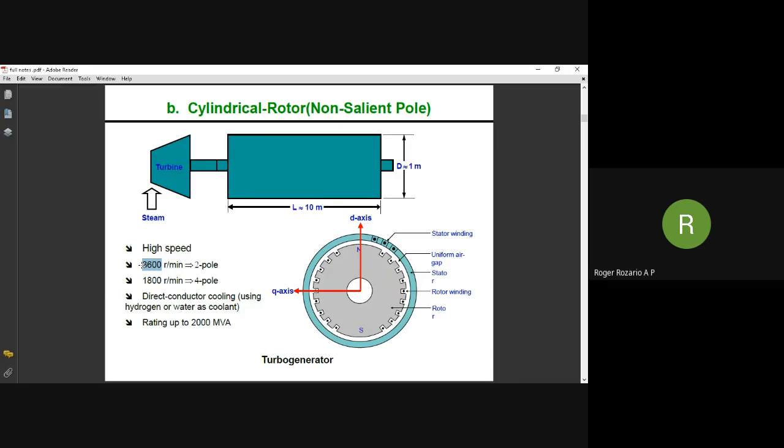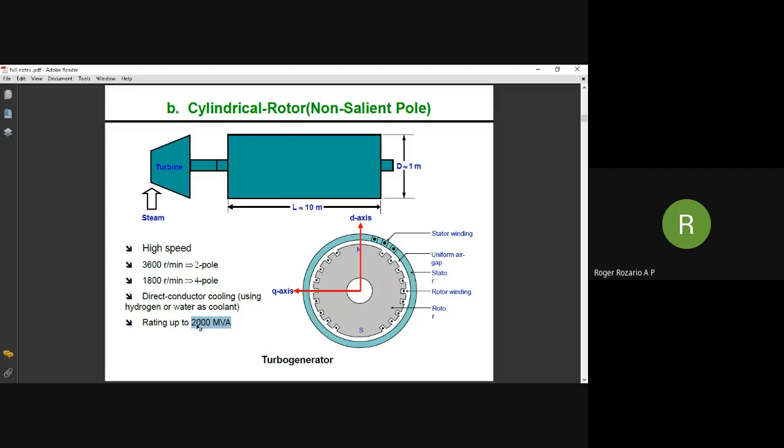Very good. So our salient pole alternators have a large number of poles, but the cylindrical rotor alternators have fewer poles. And look at this, there are only 2 poles here, north pole and south pole. And these are ratings up to 2000 MVA.